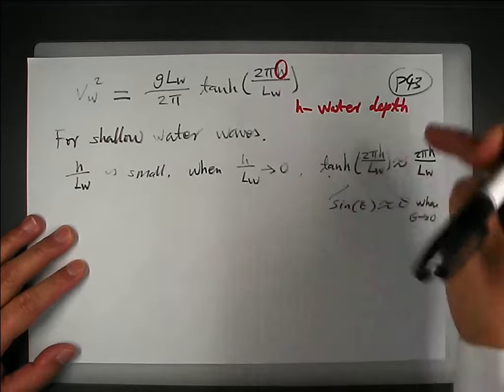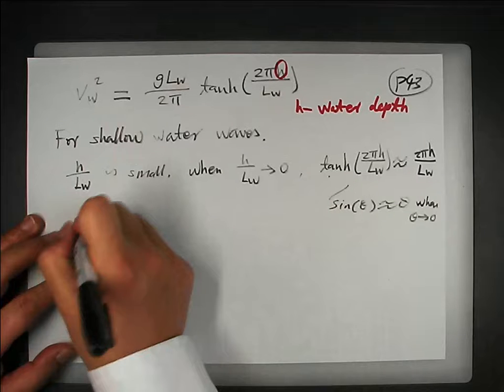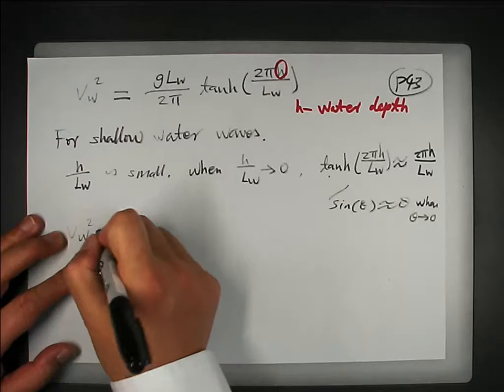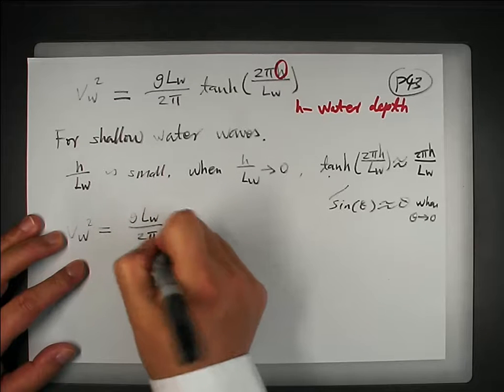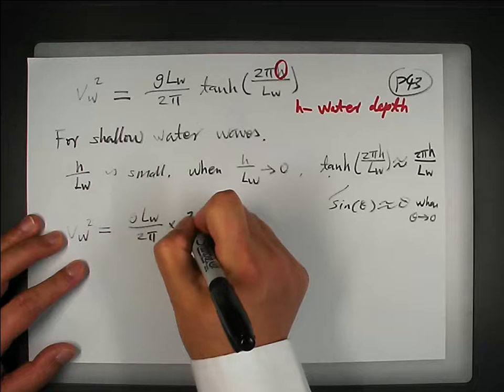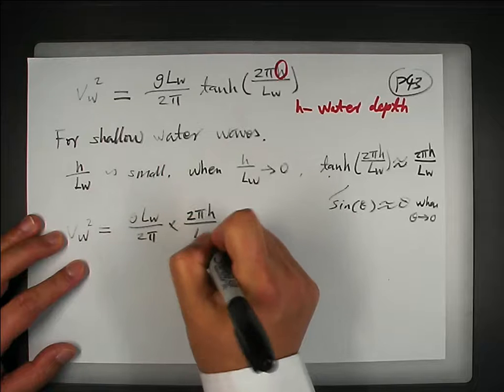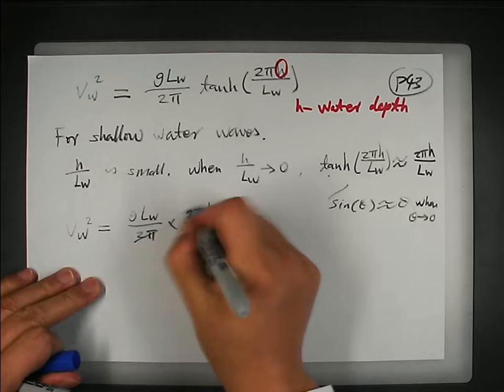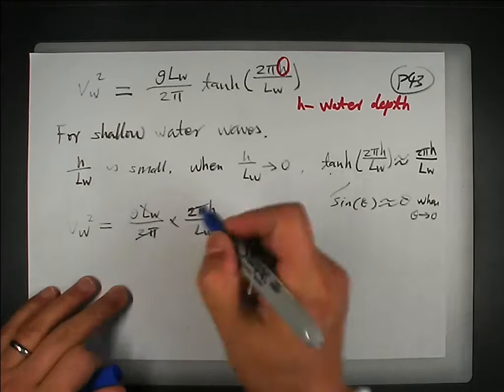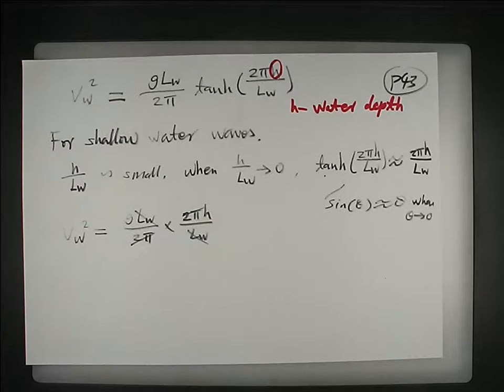Then we can substitute this into the velocity potential function, V squared equals g L_W over 2 pi times 2 pi H over L_W. Then 2 pi cancelled, L_W cancelled.